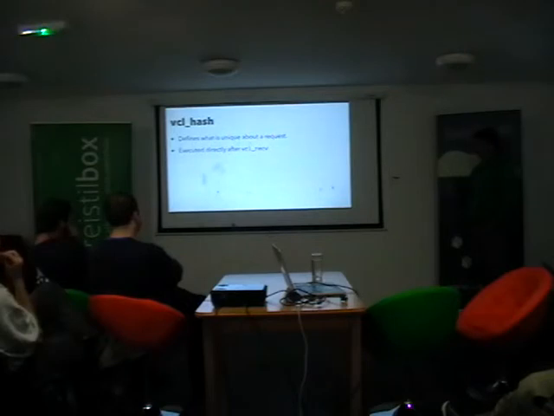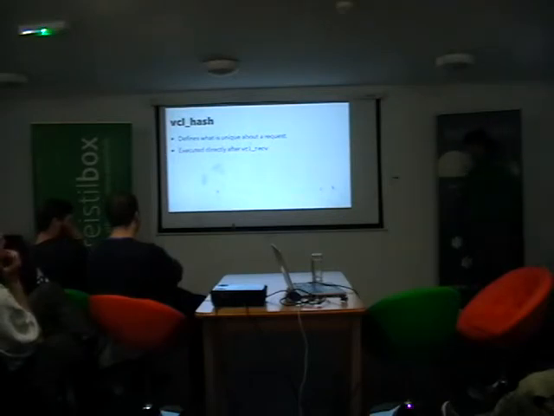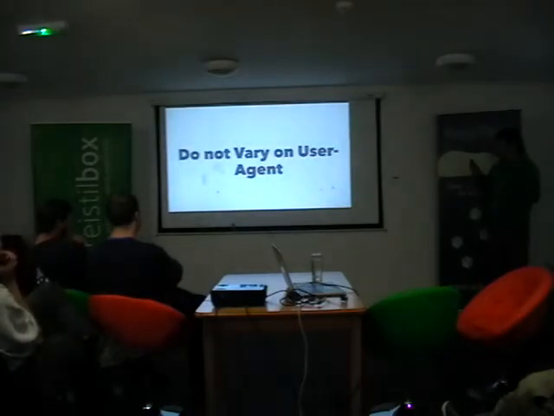When Varnish puts things into the cache, it obviously needs to do some mapping between the request and the cache content, and that's what VCL hash is for, another function. And it defines what is unique about a certain request. And in that phase, it makes sense to not send a Vary: User-Agent header, because that means content should be considered as unique for each different user agent header that comes with the request.